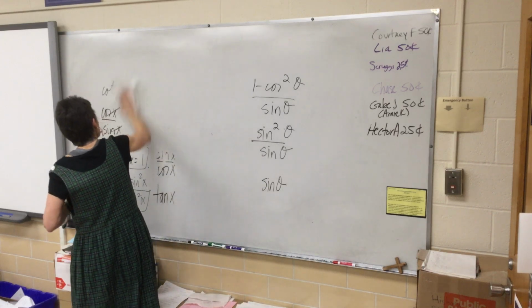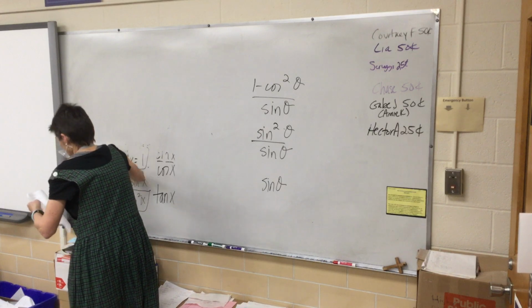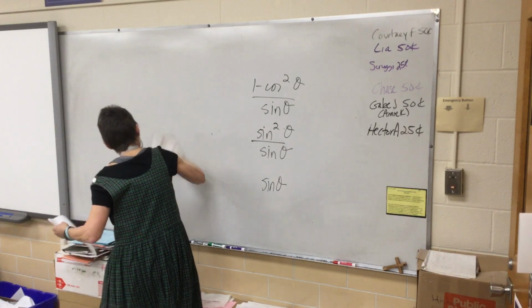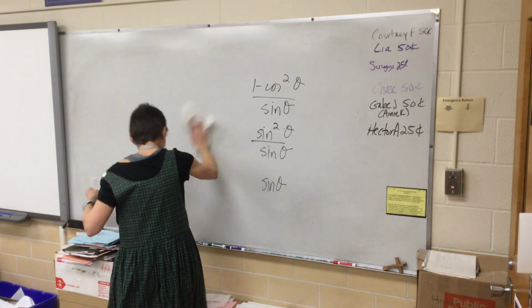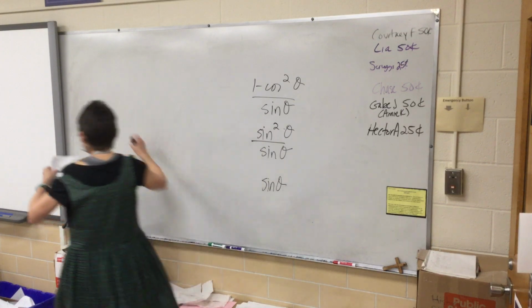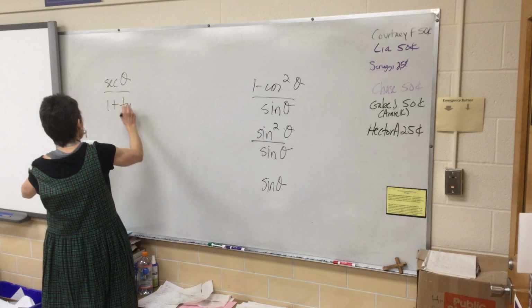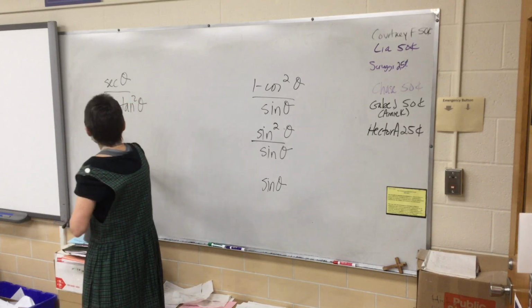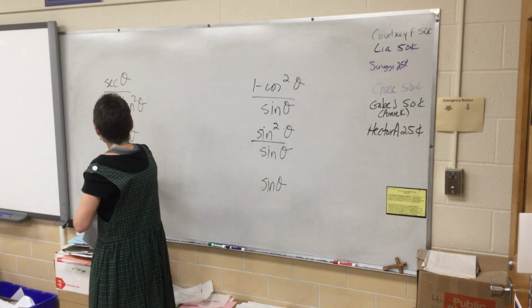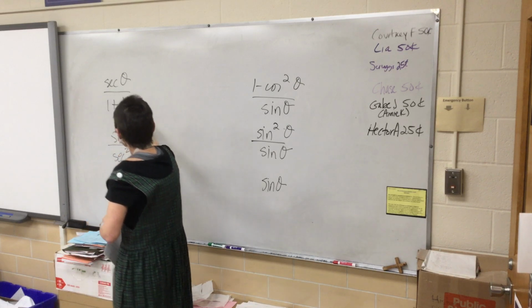Do you have an idea? 1 plus tangent squared is secant squared. It's right there on my sheet. Look at your paper.